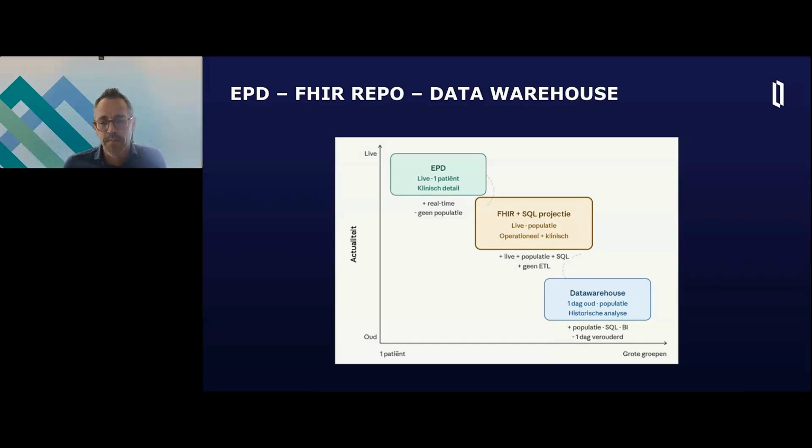But on the backside, typically that data is 1 day old or a bit older. And there we see a role of the repo, where the FHIR repo has up-to-date data. You could use that data also to get some operational insights.